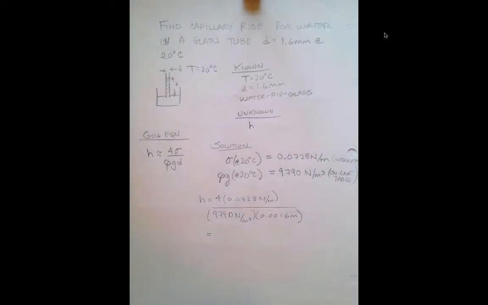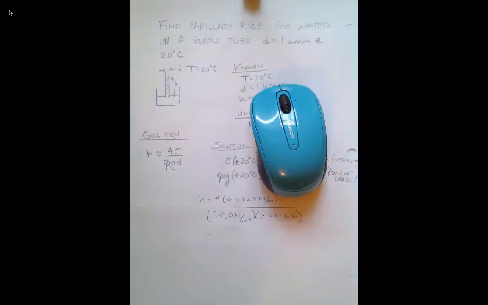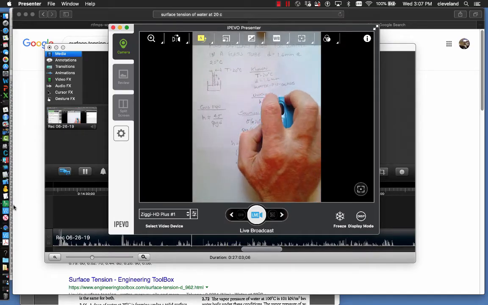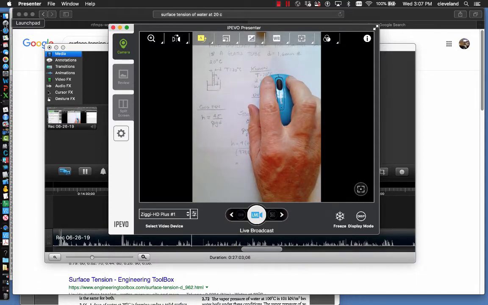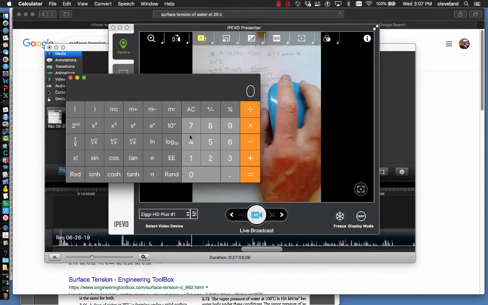And the arithmetic of that I cannot do in my head, but we can use a calculator. You'd think I would have that in the toolbox, but I guess not. There's the calculator. Okay.